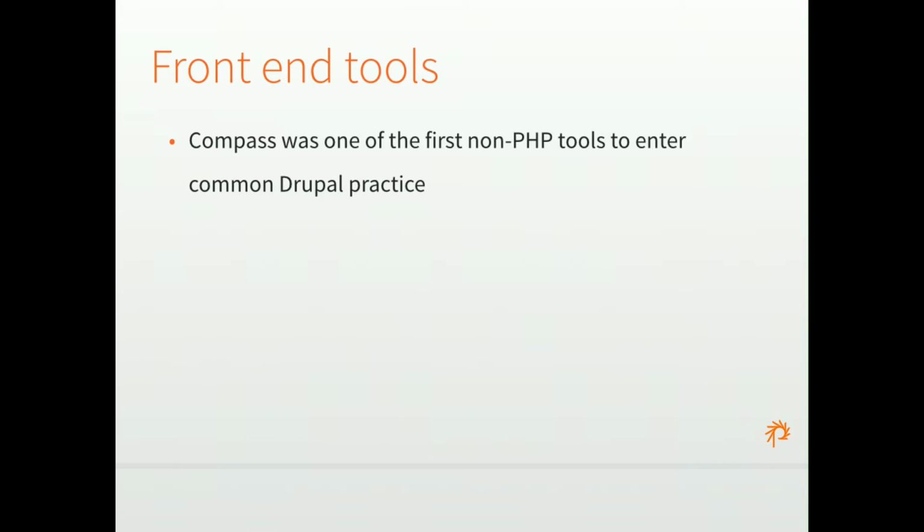Just as I'm introducing this, which is Node.js based, it begs the question, should we be going outside of PHP? And I think the answer is yeah, where it makes sense and where there are good tools to use. And Node is not the first non-PHP language that's become involved in Drupal development.